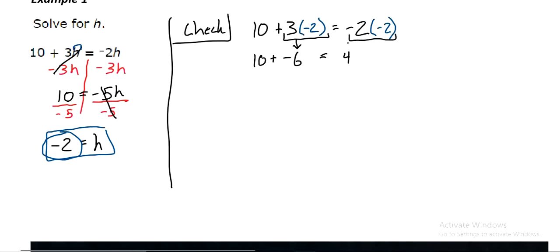Because two negatives, when we multiply, equal positive. Right, next line down, 10 plus negative 6, sure enough, equals positive 4. So that is a true statement. That tells us negative 2 is a solution.